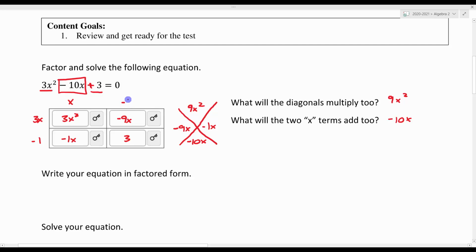Well, that has to be negative 3. 3x times negative 3 is negative 9x. Now when we look at these, we can see our factors along the sides. So my factored form looks like this: 3x minus 1 and x minus 3. There's the factored form of my quadratic, and don't forget that this is all still equal to 0.